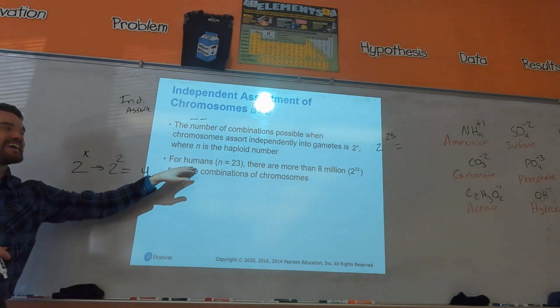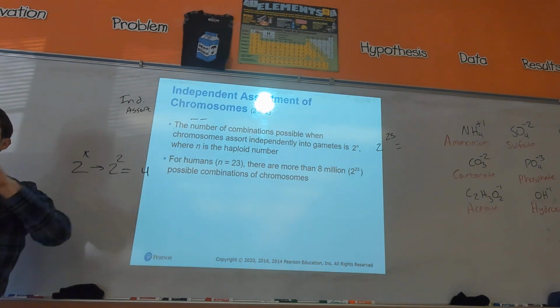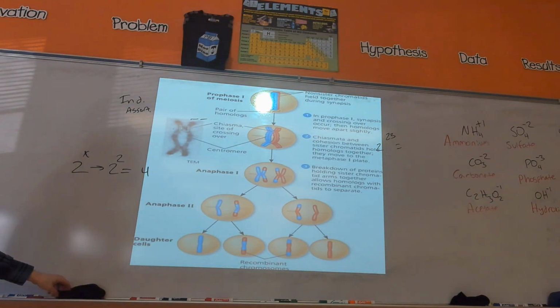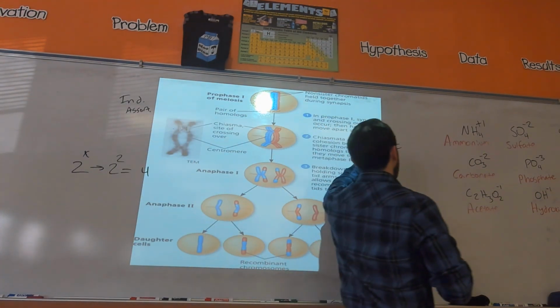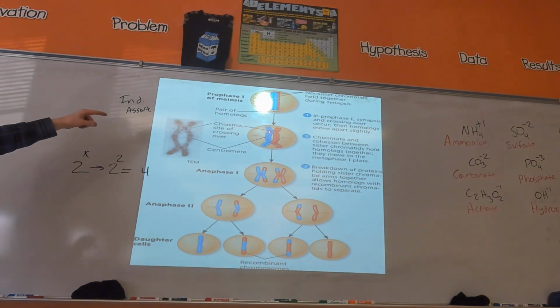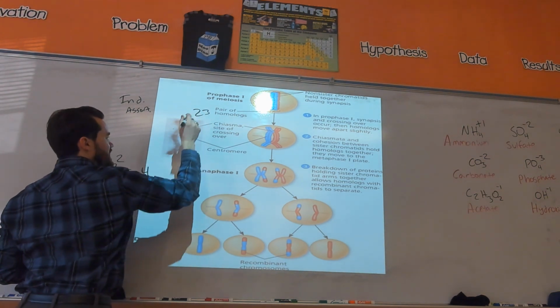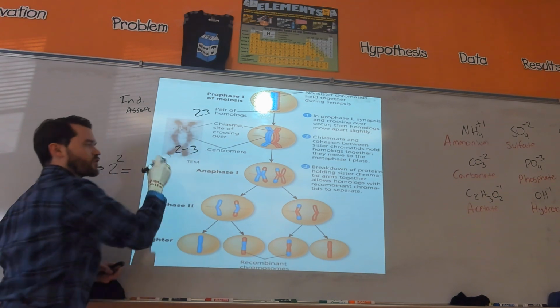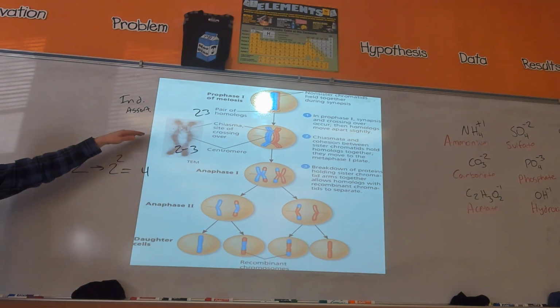But that was just one of 3 forms of variation. Crossing over is our second source of variation. You have 23 pairs of chromosomes, and there are usually 2 to 3 sites of crossing over for each of the 23 different chromosomes.